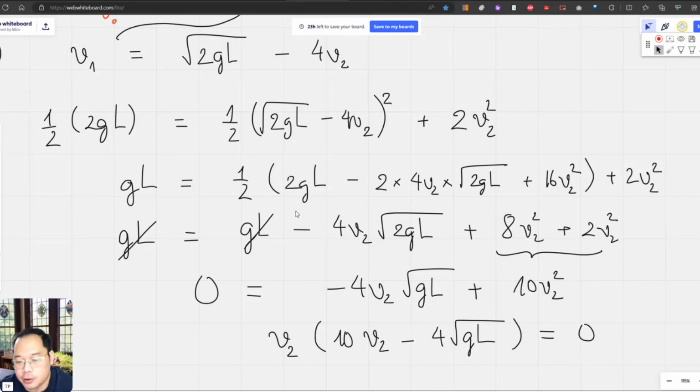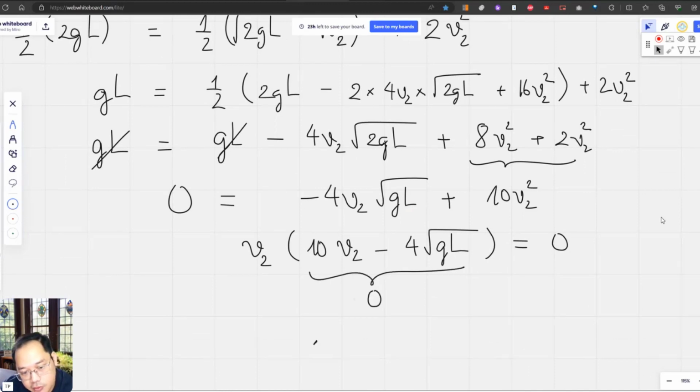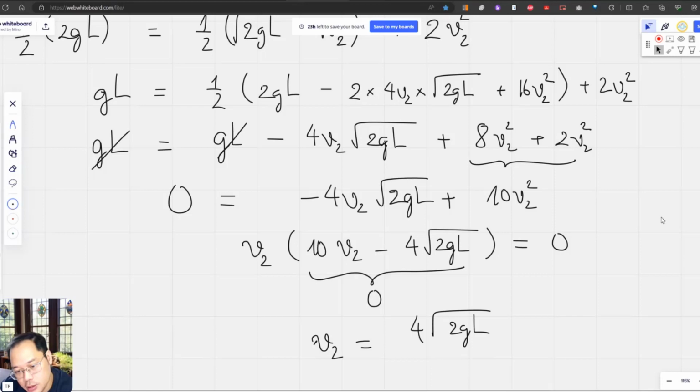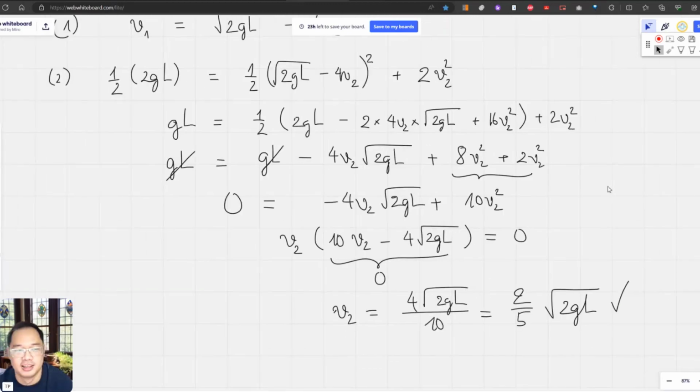Of course v2 is different from 0, so the thing inside the bracket must be 0, and therefore v2 is 8 over 10 of the square root of 2gL, which simplifies to 4 over 5 of the square root of 2gL, which is the answer.